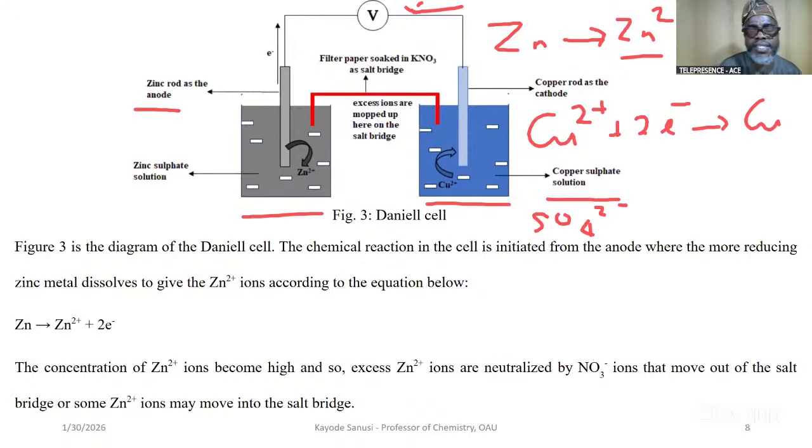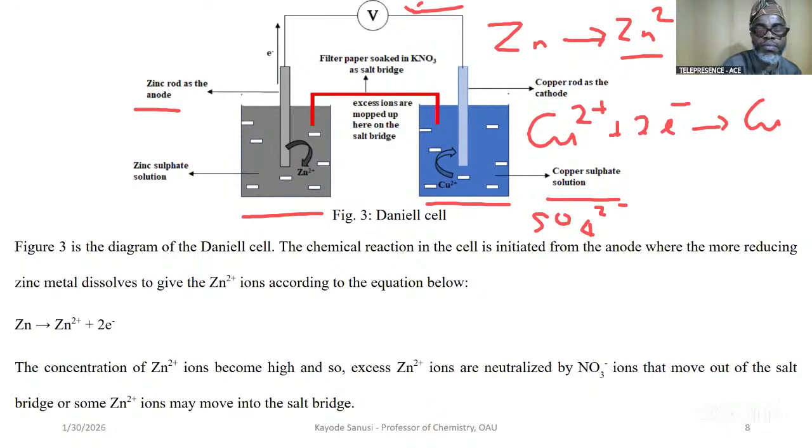How do you mop up this excess ion? That is the role of the salt bridge. One of the roles of the salt bridge is to mop up excess ions that are in each of the half cells.